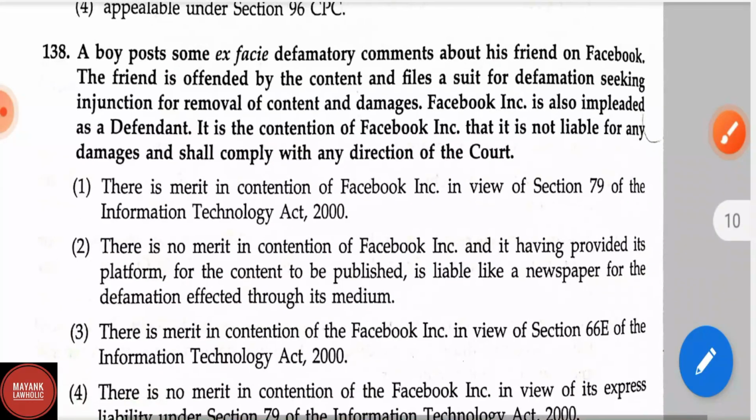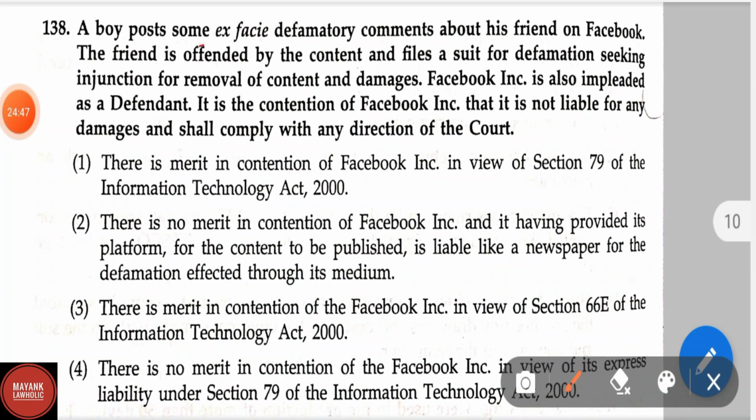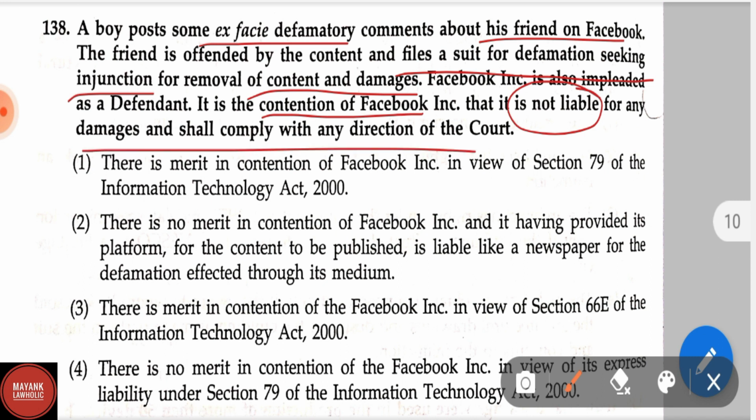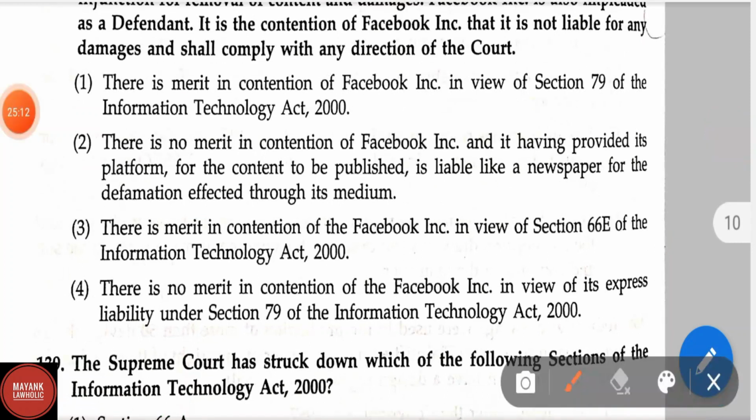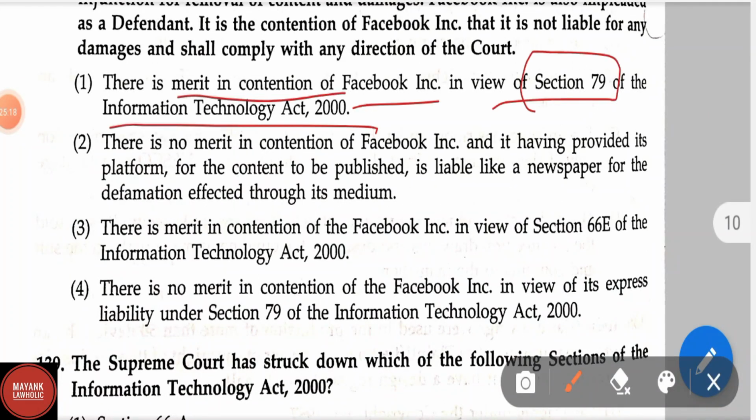Now let us see the question number 138. A boy posts some ex facie defamatory comments about his friend on Facebook. The friend is offended by the content and files a suit for defamation seeking injunction for removal of the content and damages. Facebook Inc. is also pleaded as defendant. If the contention of Facebook Inc. is that it is not liable for any damages and shall comply with any direction of the court. Options are: there is merit in the contention of Facebook in view of Section 79 of the Information Technology Act 2000.